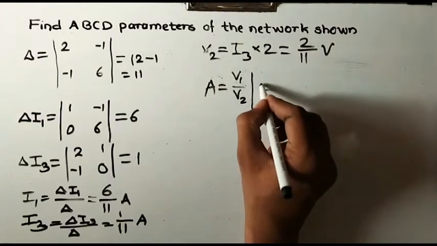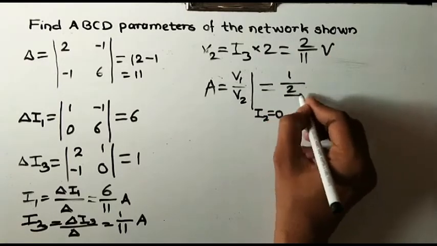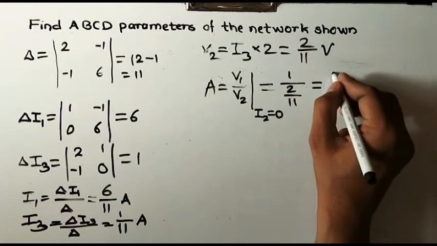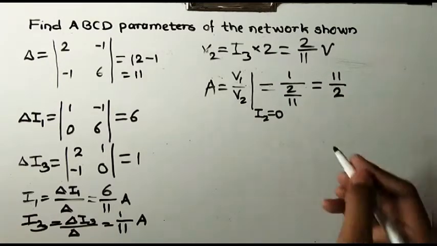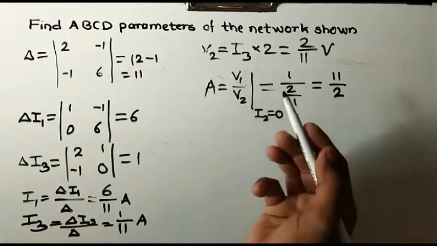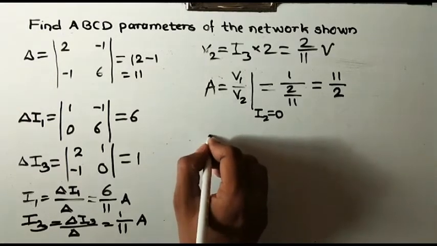Now the value of V1 is 1 volt and V2 we have calculated as 2 upon 11. After solving, we get 11 upon 2. You can write 5.5 also. It is a voltage ratio, V upon V, so it will not have any unit.